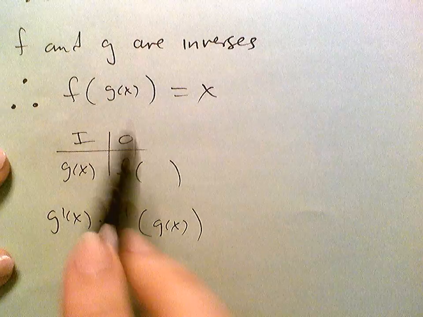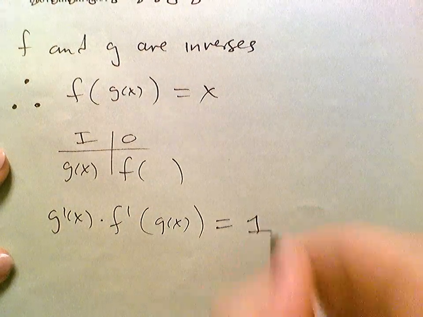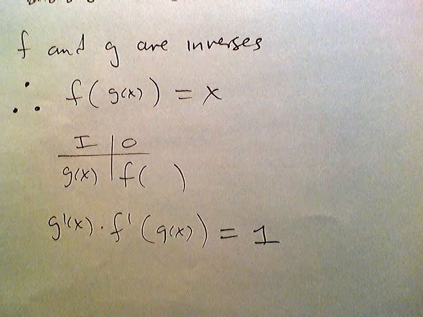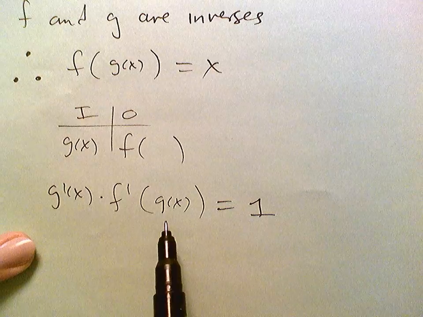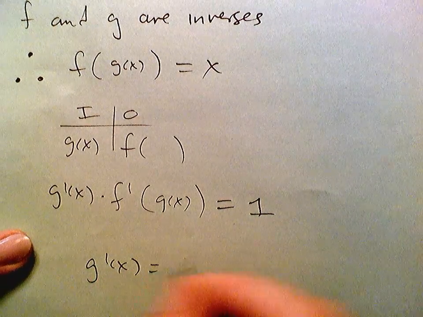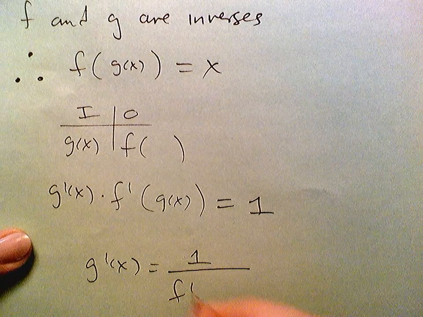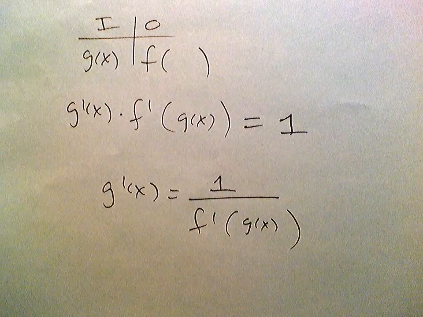So that's the derivative of the left side of the equation. Now the derivative of x is just 1. Then you just divide both sides by this factor, f prime of g of x, and you end up with the formula. So it really makes a lot of sense.